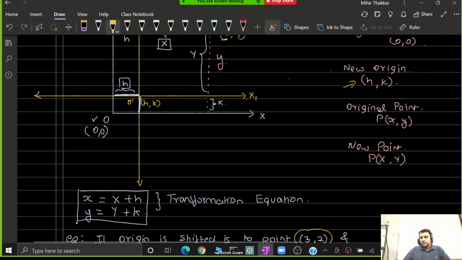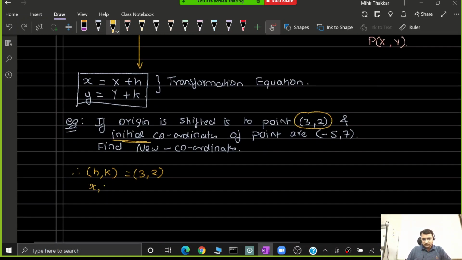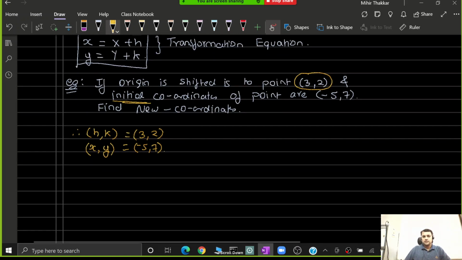It is the original point, which is your small (x, y). Therefore, small (x, y) is equal to (-5, 7). What is the notation for the new coordinates? Capital (X, Y). This is asked of us.